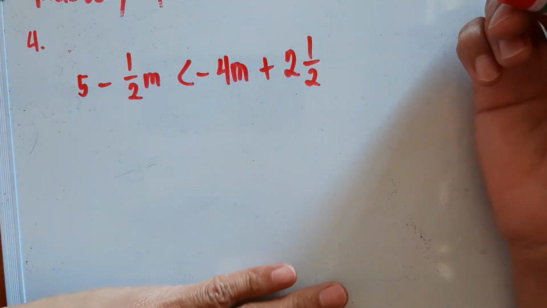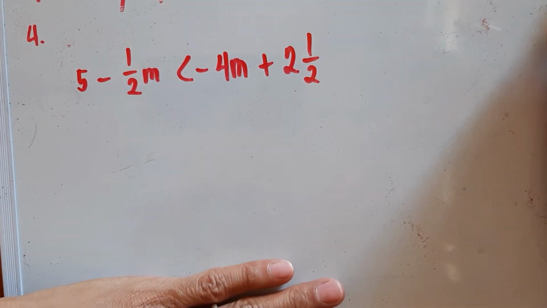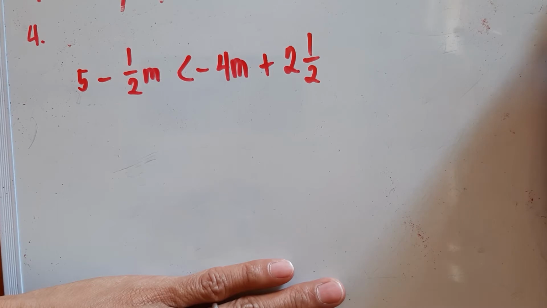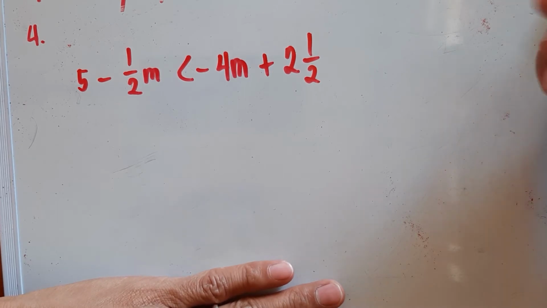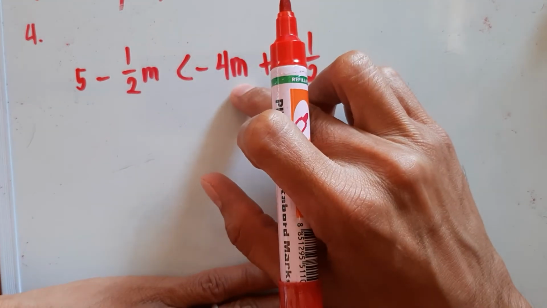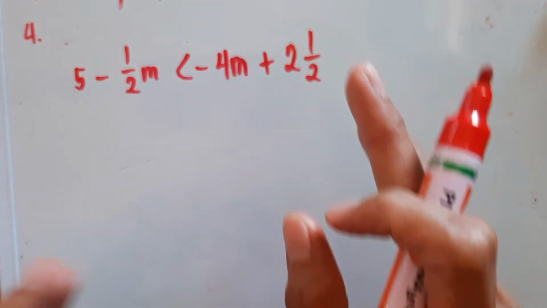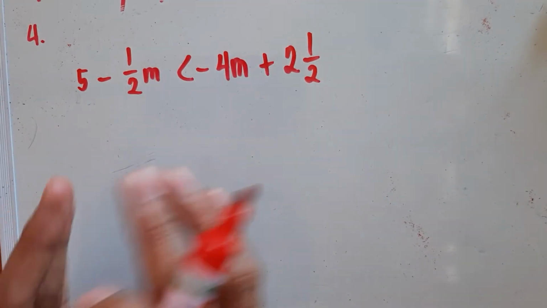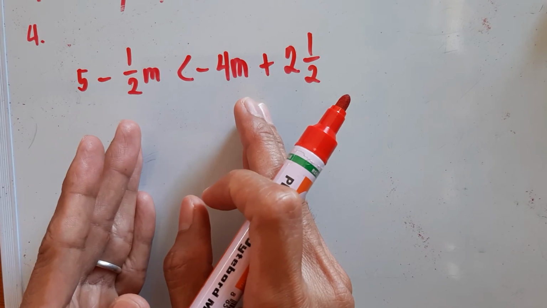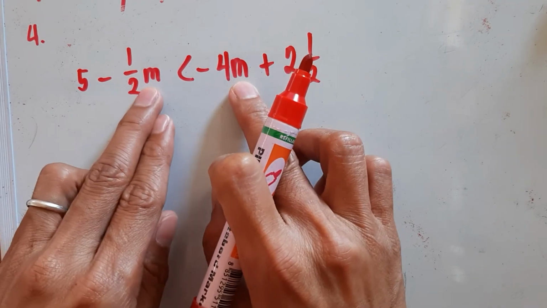Okay, for problem number 4, we have 5 minus 1/2 m is less than negative 4m plus 2 and 1/2. Basically, in order to find the value of the unknown in this inequality, just like what we did in the previous problem, group the variables on one side.